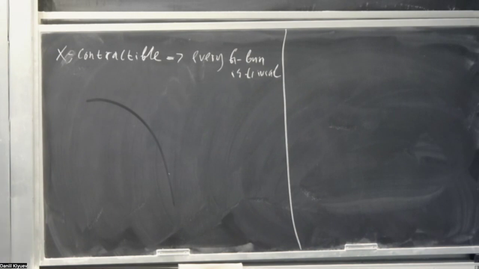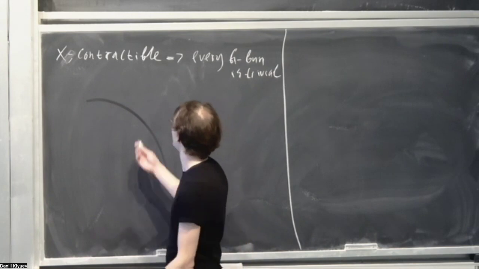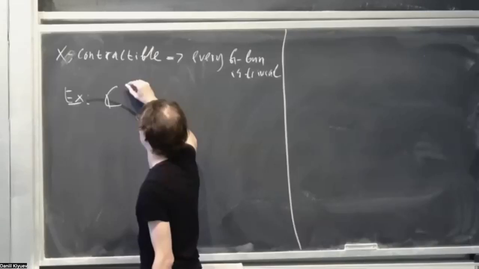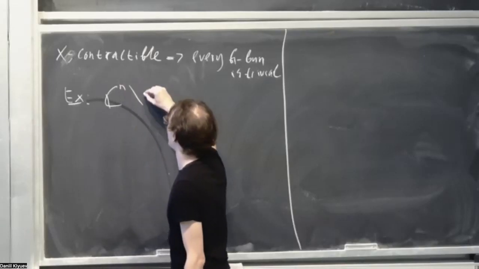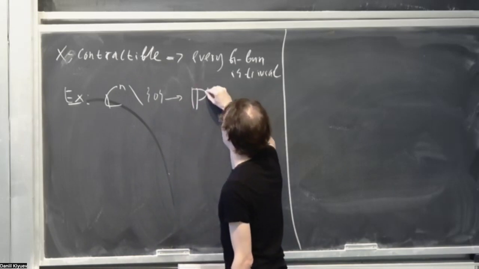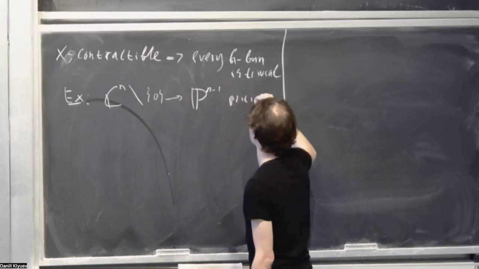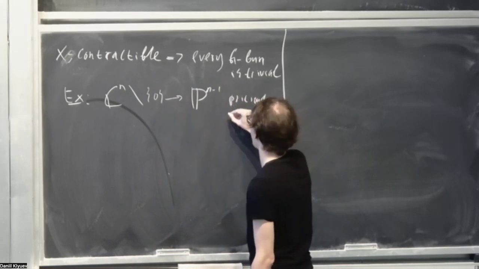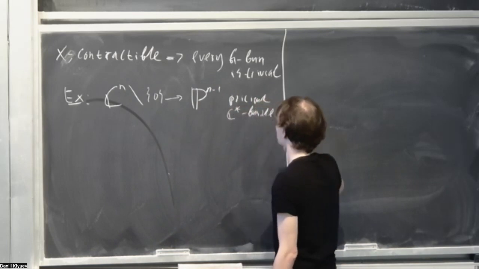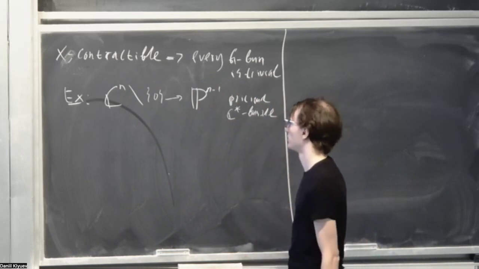Well, example, so we'll very quickly go to complex numbers, everything will be over C. So example, C^n without 0 to P^(n-1) is a principal C-star bundle, called the tautological bundle.